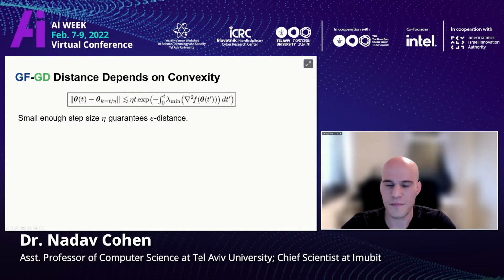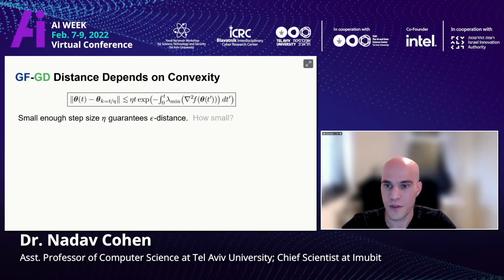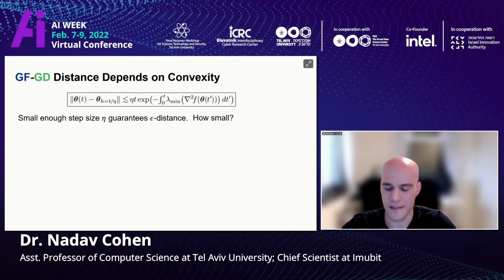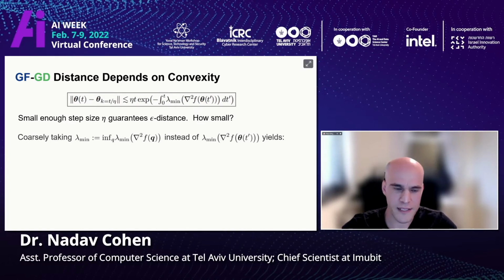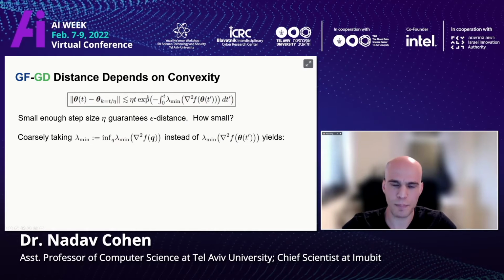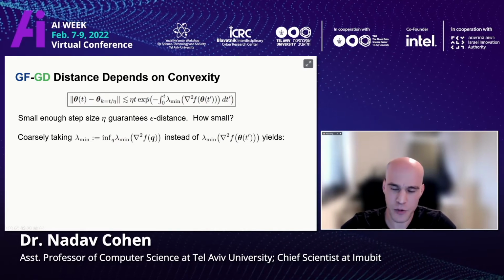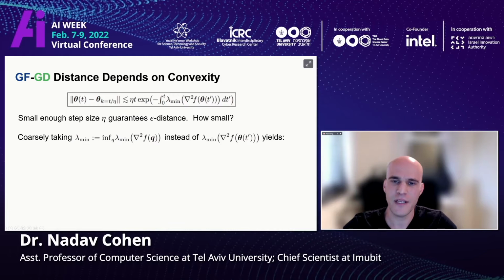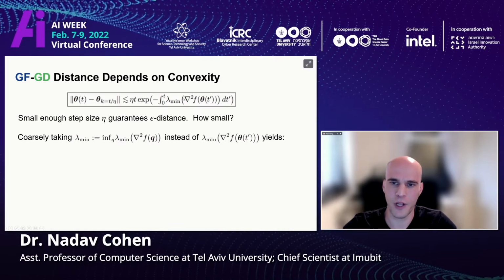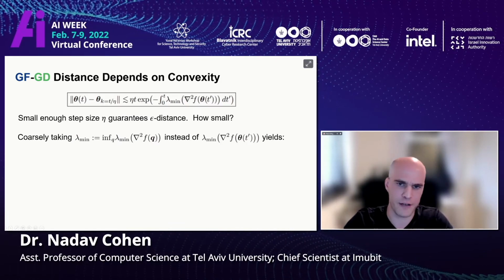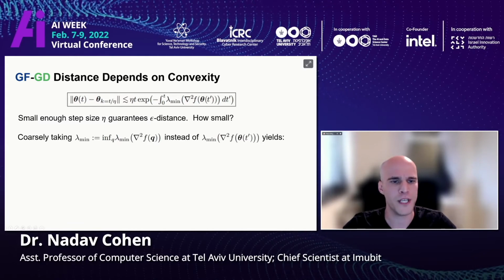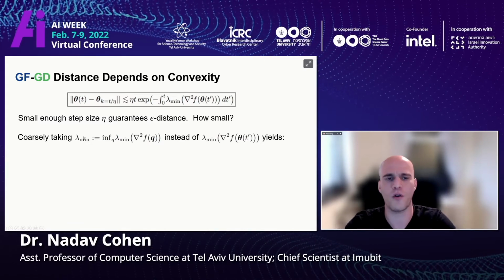However, the step size might need to be very small. Now it's the question of how small it needs to be. To gain some intuition, we replace this upper bound by something that's looser. Instead of taking the integral of the minimal eigenvalue of the Hessian along the gradient flow trajectory, we take the minimal eigenvalue of the Hessian across space.